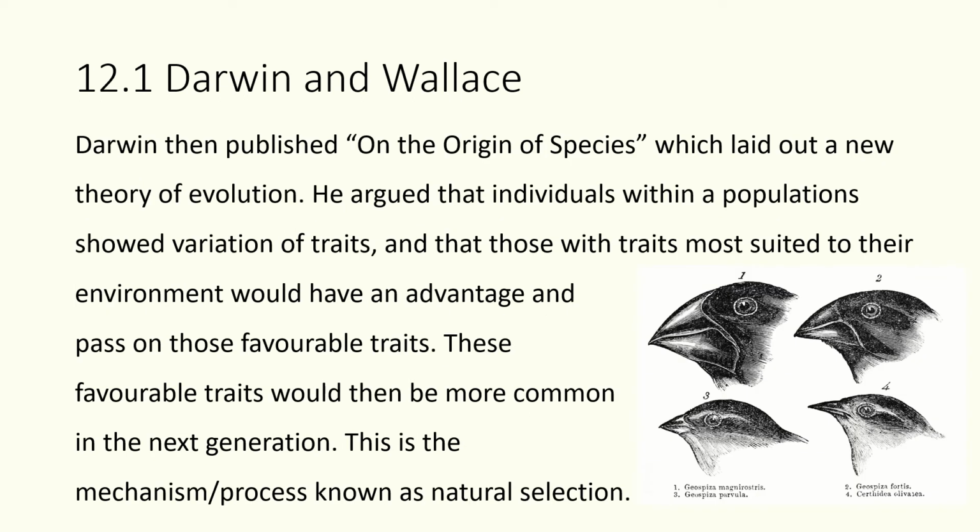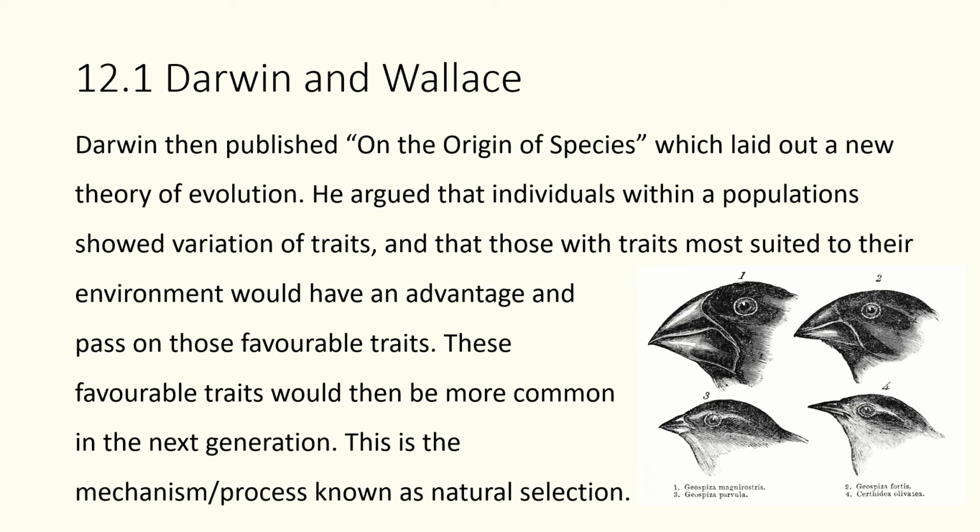One of the things that Darwin did do slightly better, though, was he gave a little bit more of the mechanism behind it, whereas Alfred Russel Wallace more or less just gave observations. But Darwin published his On the Origin of Species, where he argued that individuals within a population showed variation of traits. So individuals within a population could show variations, which we know is 100% true, and that those traits that were most suited to their environment would have an advantage.